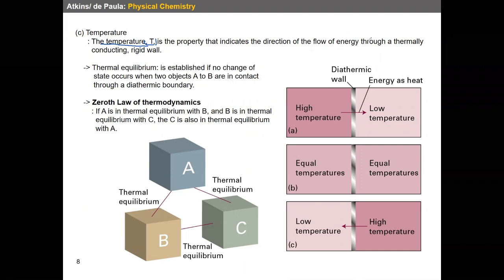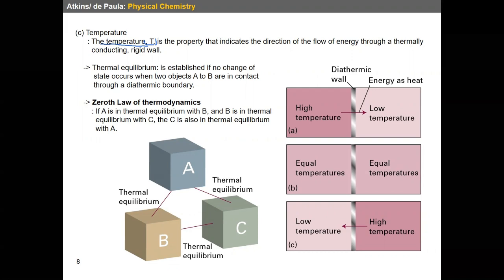So what does this mean? There is a kind of driving force that makes energy flow through some kind of wall inside a system. Because of these temperature differences, there is a lot of fluid motion, or some gas fluid motion too.